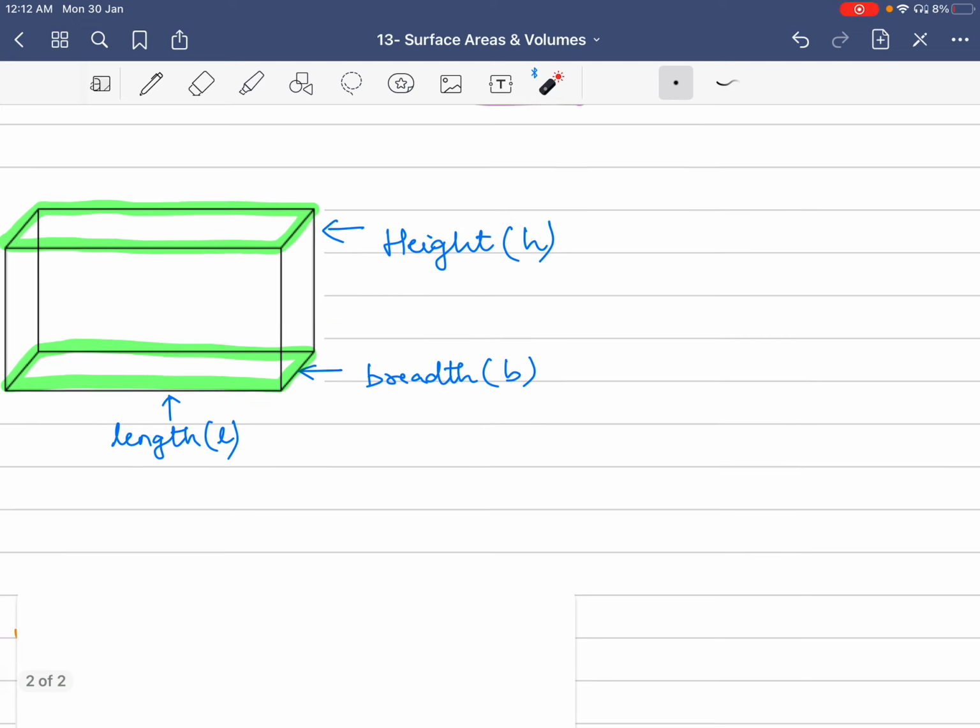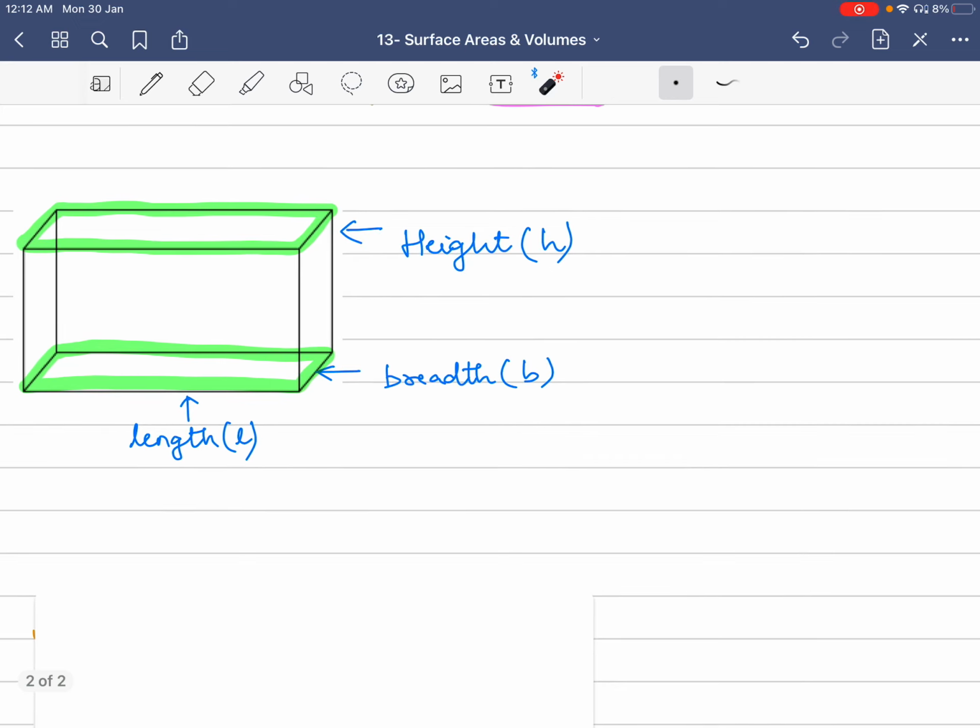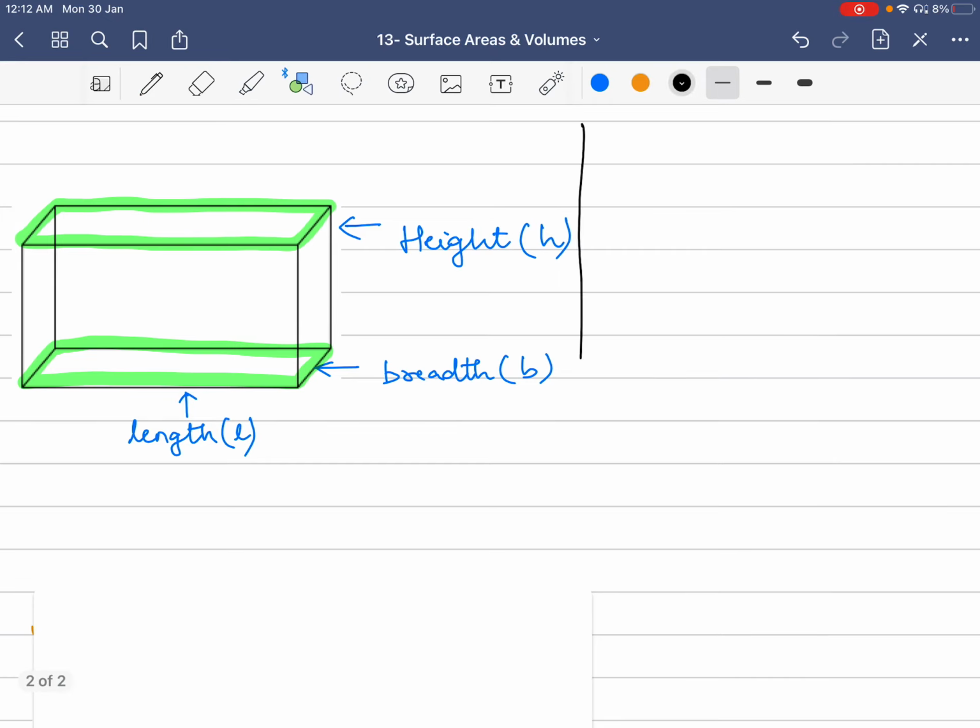Now, what will be the area? As we know, these are all rectangles. So what is the area of this face? It is length into breadth. So I'm just going to write that. Let's use a line to mark the demarcation. Let's use the term face 1.